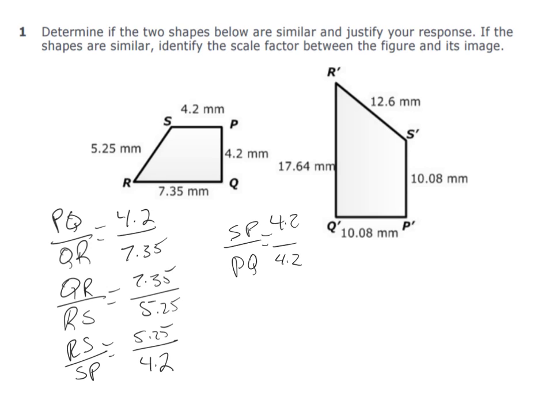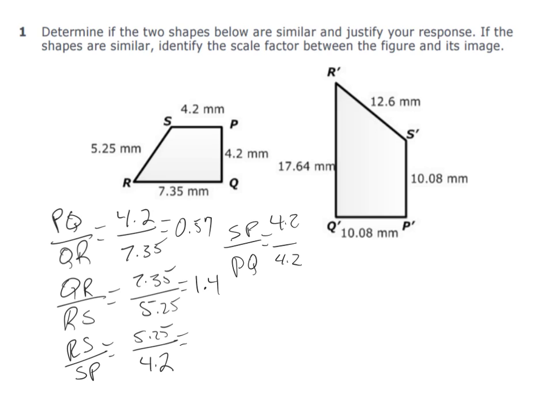Now, what we do here is we divide to simplify the actual ratios. So PQ to QR is going to give me 0.57. And then QR to RS is going to give me 1.4.